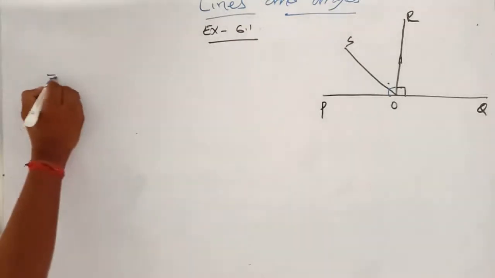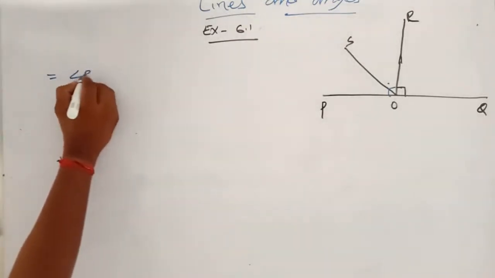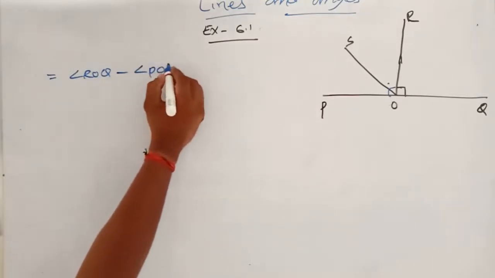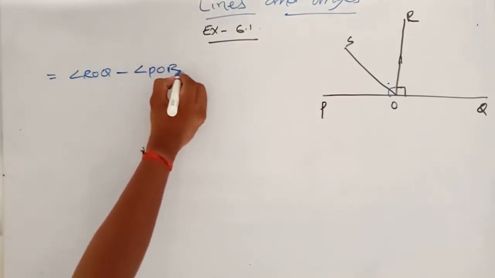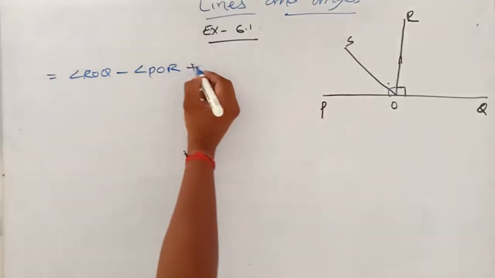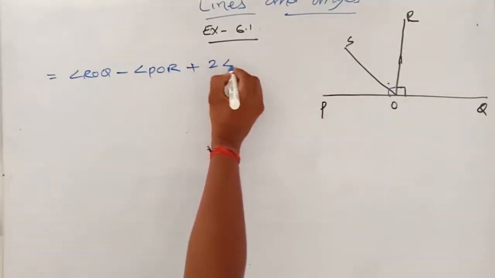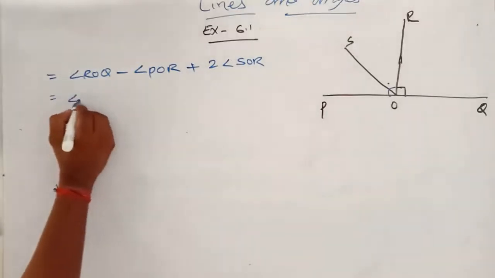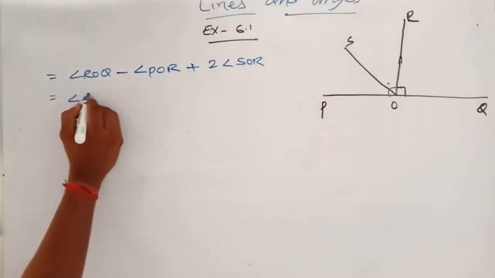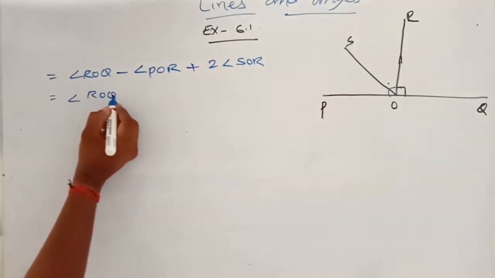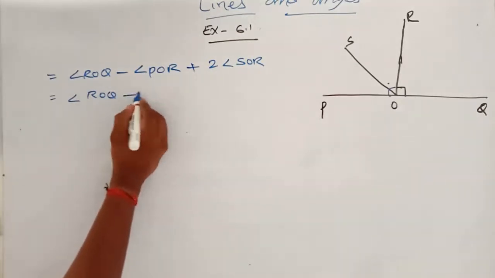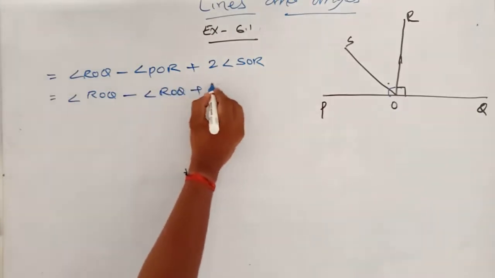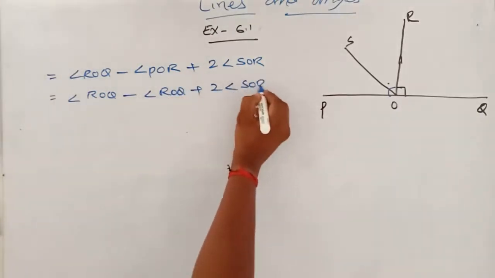That is equal to angle ROQ minus angle POR plus angle SOR plus angle SOR, which is 2 angle SOR. That is equal to angle ROQ minus angle POR plus 2 angle SOR.